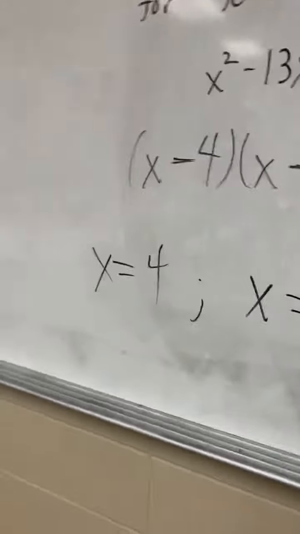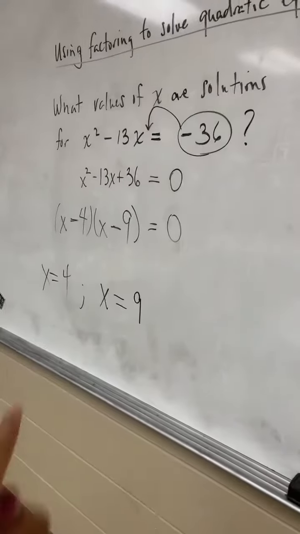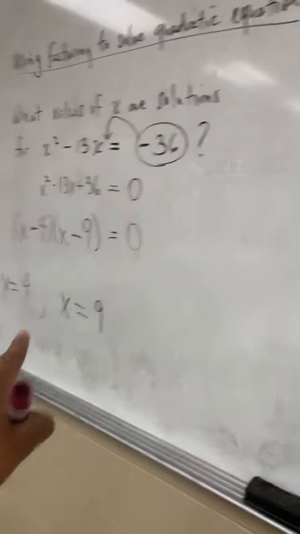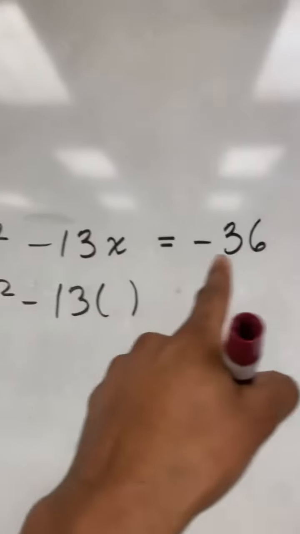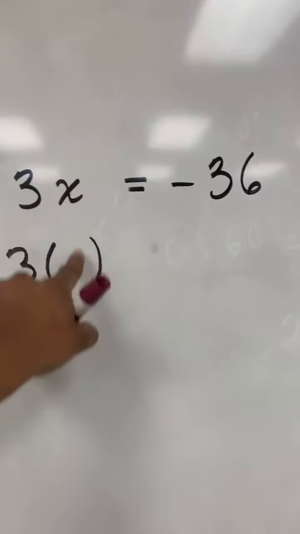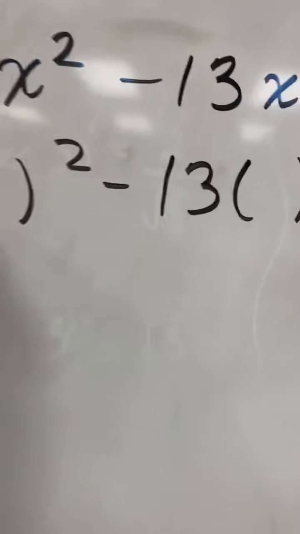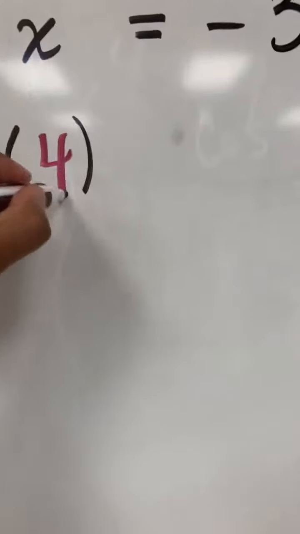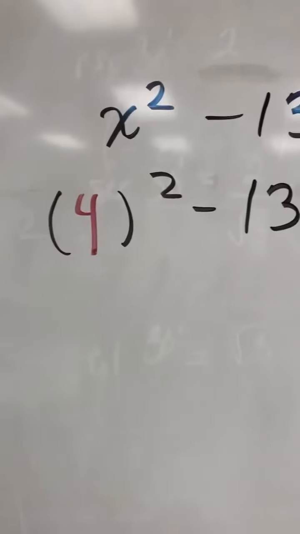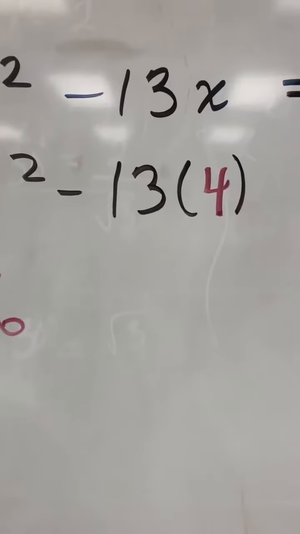What we're going to do is take one of these solutions and go right back to the original problem. And I'm going to start with the number 4. So I wrote down the original problem, and everywhere there was an x, I put a blank set of parentheses, because x is now going to be a value of 4. So if I put a 4 here and a 4 there, that should give me a 16. 4 to the second power is 16.